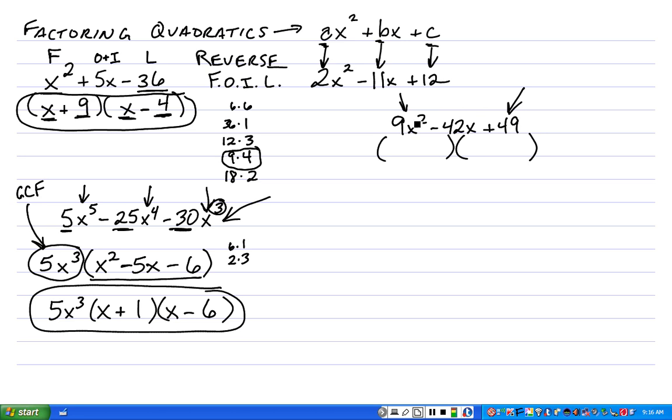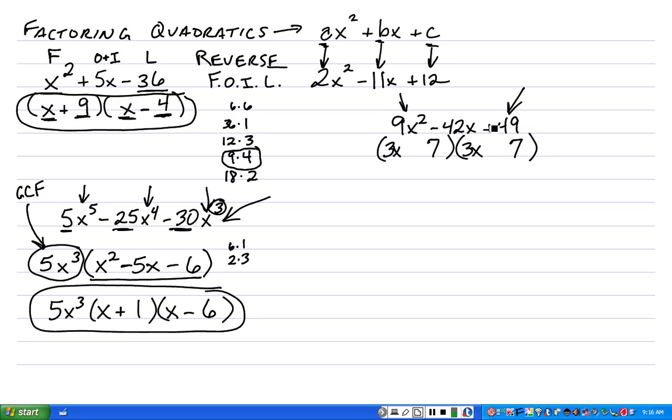So if my 9x squared is my first term, then the square root of 9x squared would be 3x. So I write 3x in the first position for both binomials. So 3x times 3x is 9x squared. If 49 is my last term, then I can write a 7 and a 7 in last position.